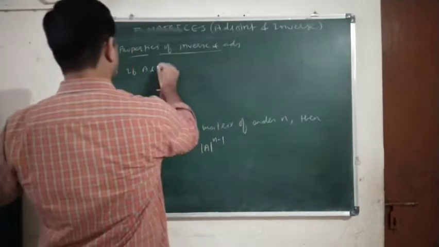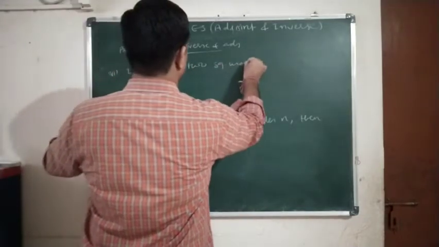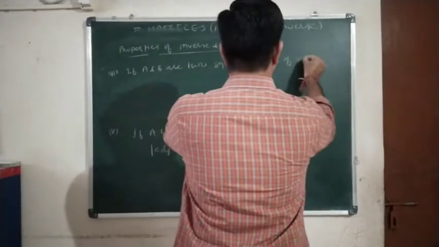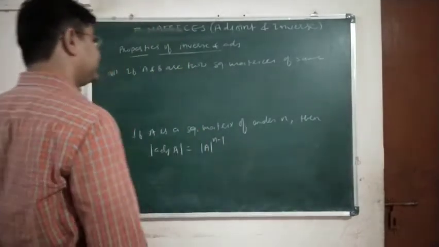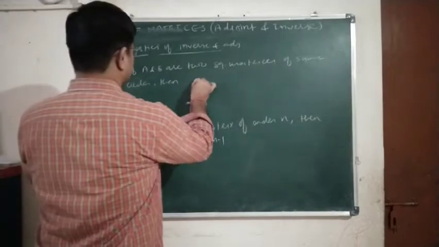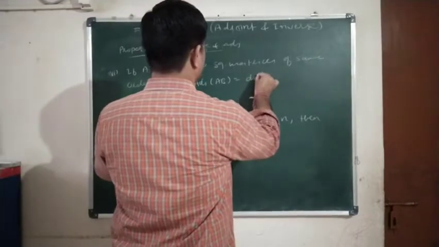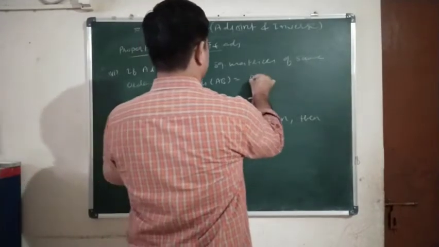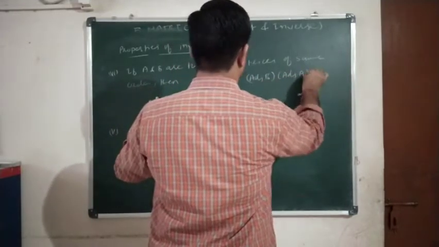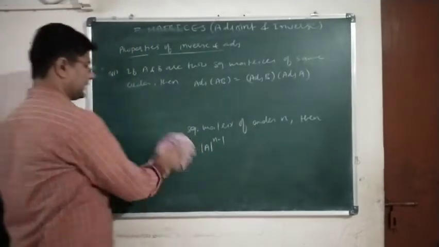If A and B are two square matrices of the same order, then adjoint of product AB is equal to adjoint of B into adjoint of A. This is property number 6.